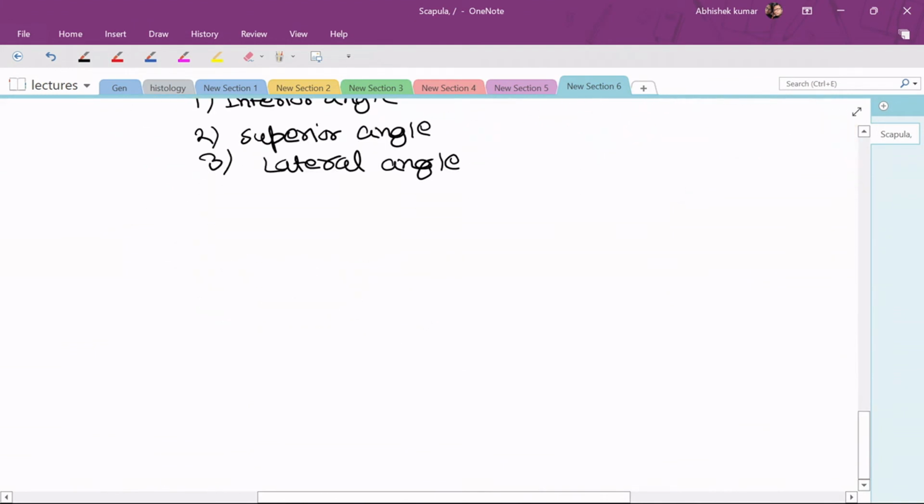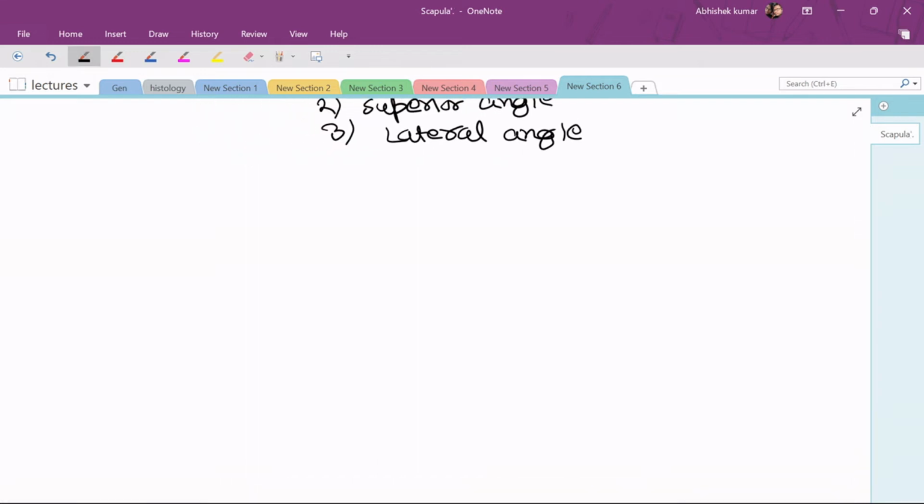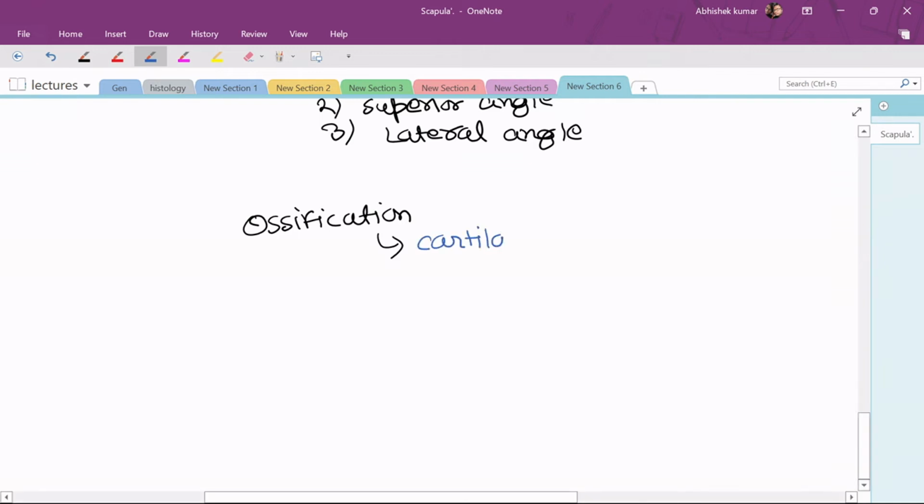Now we have talked about the angles, we have talked about the processes. Let's talk about the ossification. Ossification is cartilaginous in the scapula, and there are 8 centers of ossification.